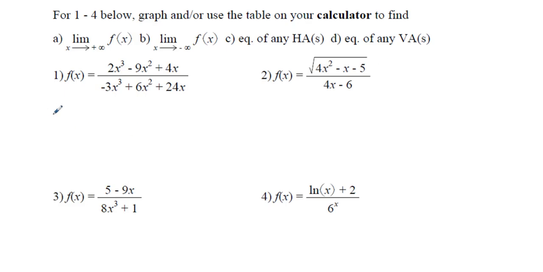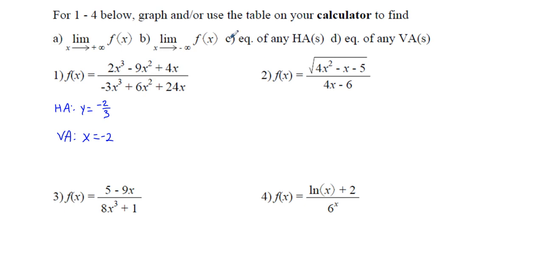But our horizontal asymptote is going to be the equation y equals negative 2/3. And then for our vertical asymptote, that's going to be an x equals equation. It's going to be x equals negative 2. Okay, so that's going to be number 1.